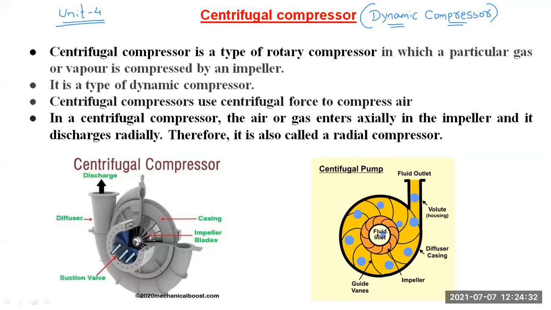The air will strike over here at the central point, then this blade will rotate it. These blue color particles are the air particles. This blade will rotate, and hence it will increase the kinetic energy of the air. The air will also start rotating, and its velocity will gradually increase.